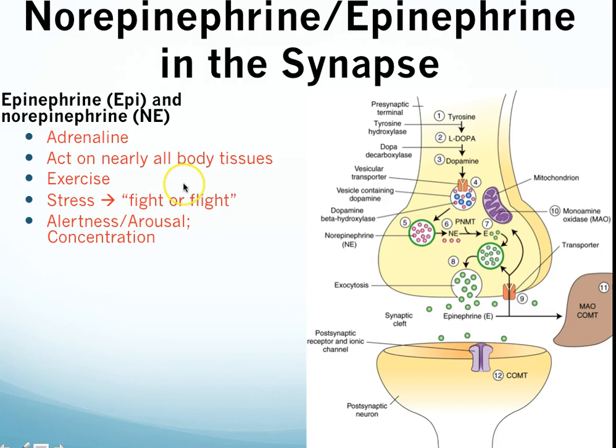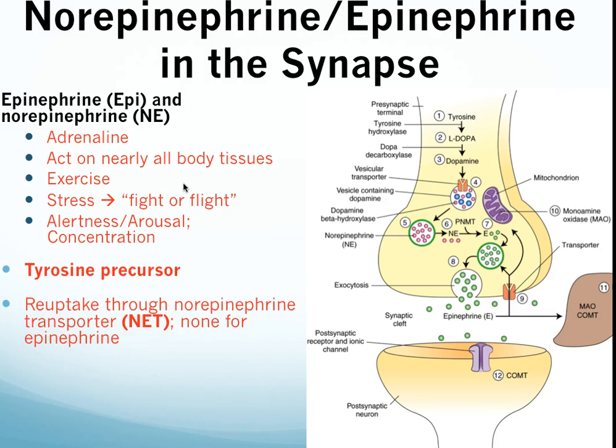So that's that deal. Also, though, norepinephrine in particular is really important for focusing, being able to concentrate on tasks and staying alert, and getting aroused from novel sorts of stimuli. So that's one of the important roles that norepinephrine plays in the central nervous system.